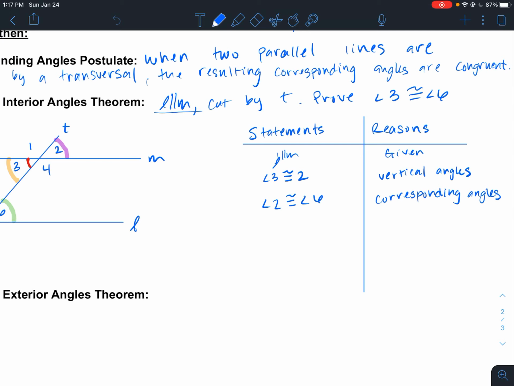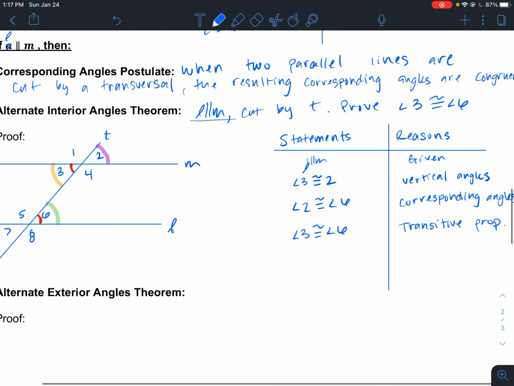Okay, so angle 3 is congruent with angle 6 through the transitive property. And there you go. We just proved that angle 3 and angle 6, which is what we wanted to prove, are indeed congruent. Thus, we proved that these alternate interior angles are congruent.